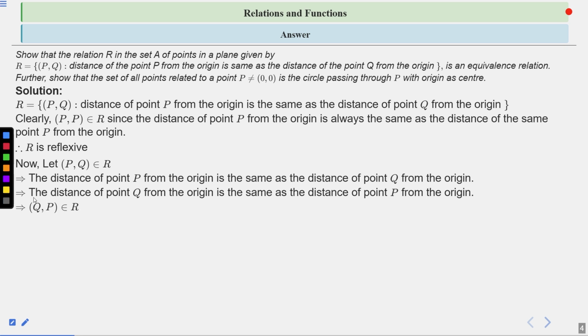So this gives me the (Q, P) pair belongs to R. So R is symmetric.